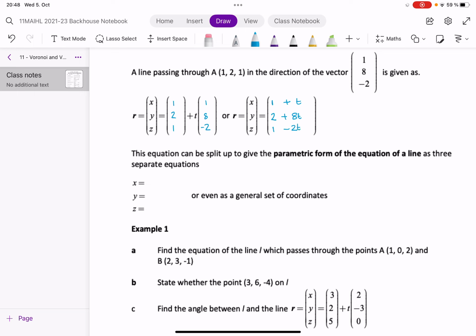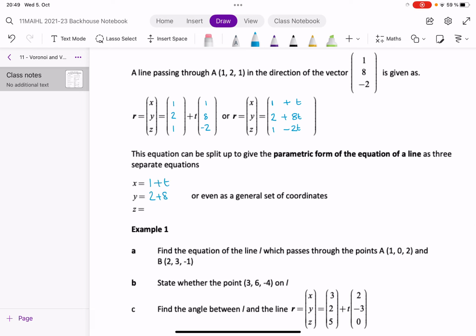So now this looks a bit different to our kind of y equals mx plus b that we're more used to. And it actually leads into another way of showing the equation of a line, which is called parametric form. So the parametric form means you're expressing the coordinates, the positions, in terms of another parameter, which in this case is t.